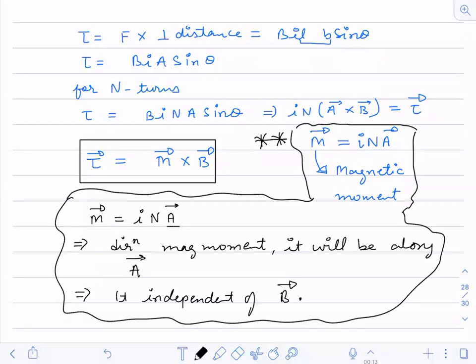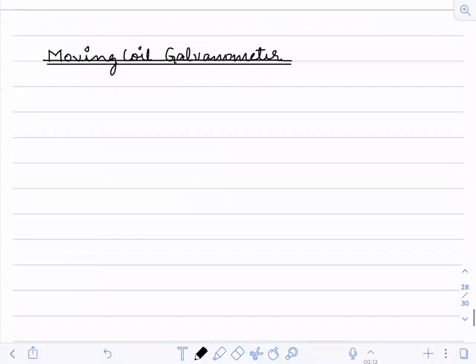After this, we are going to study the moving coil galvanometer. We have already seen the galvanometer in current electricity.